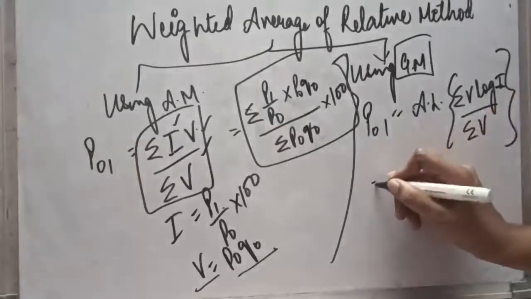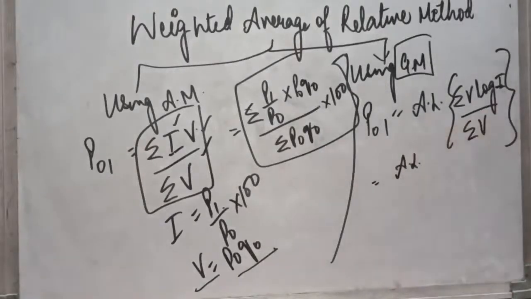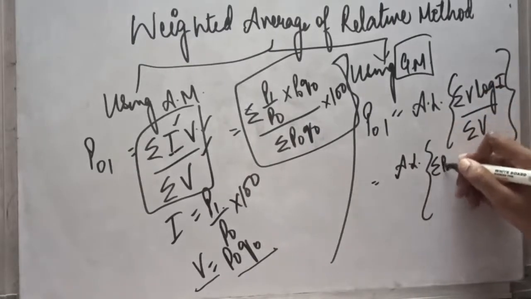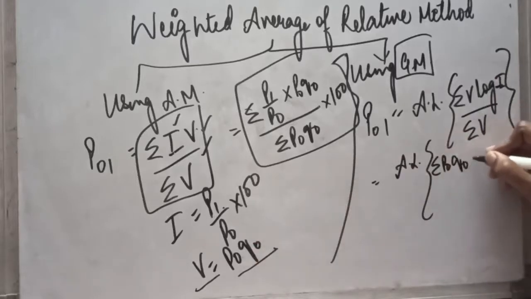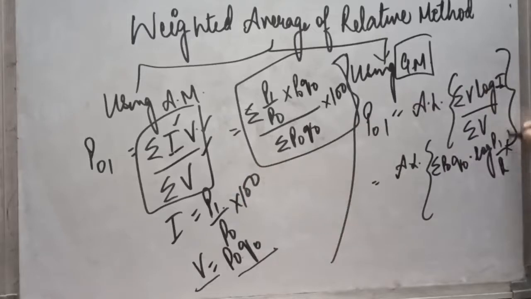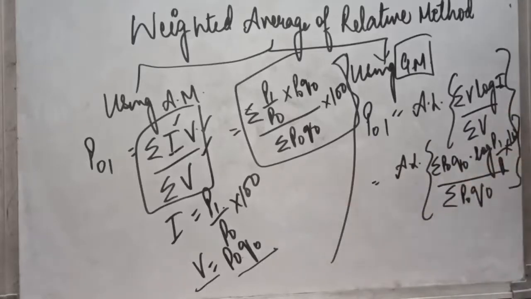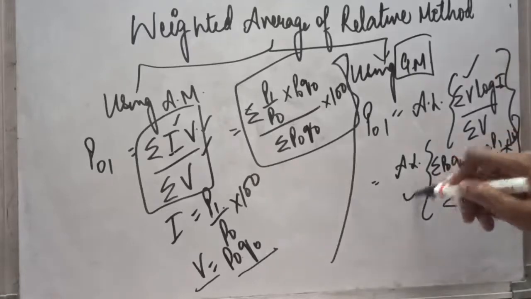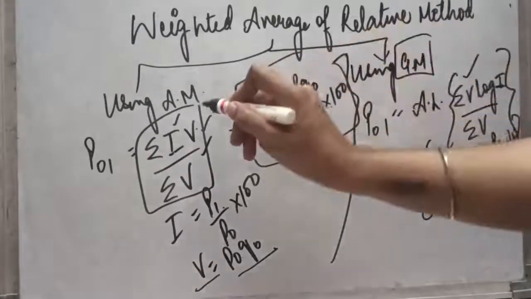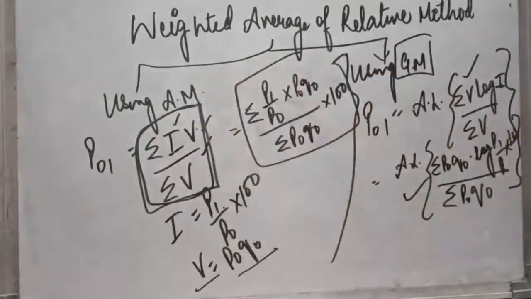If I have to write it in detail, we can write antilog of sigma V, where V stands for the same P0 Q0, into log I, where I stands for P1 divided by P0 into 100, and this will be divided by sigma V, where V again stands for sigma P0 Q0. So this is the shortcut way to write the formula, and this is the full explanation. You will write this formula when the arithmetic mean has been asked, and when the geometric mean has been asked, you will write that formula.